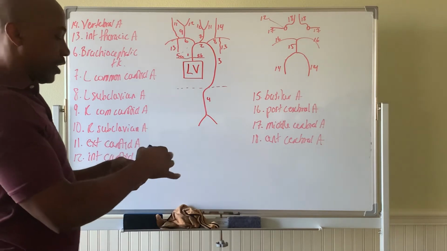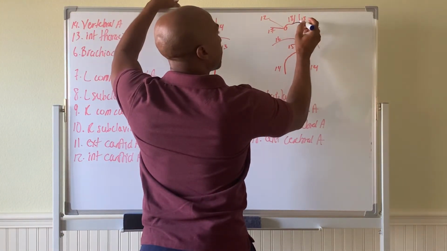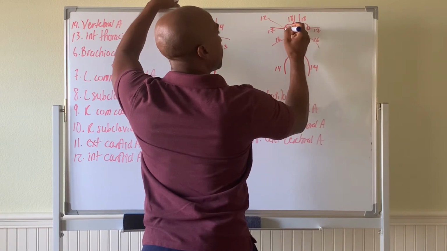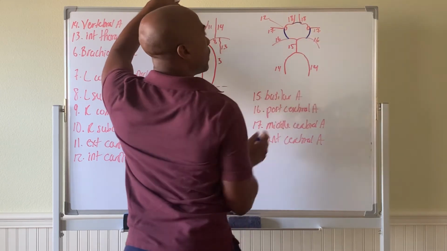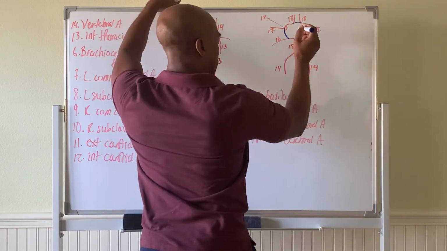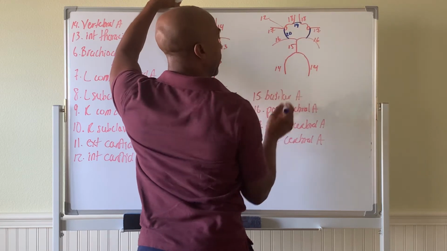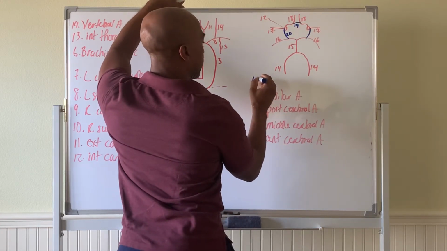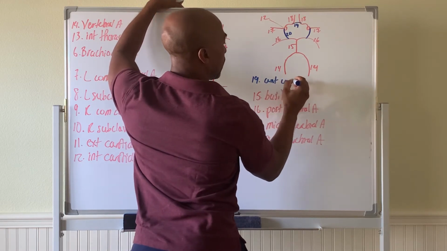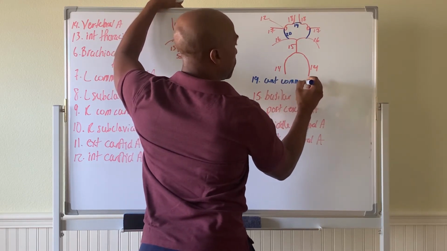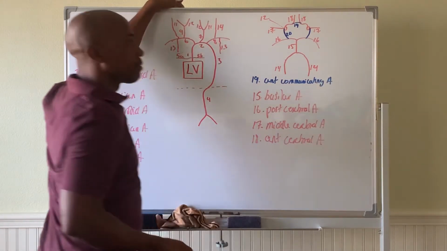Then you have these bridge vessels here and here. Those bridge vessels, let's call them 19 and 20. So 19 is called your anterior communicating artery.